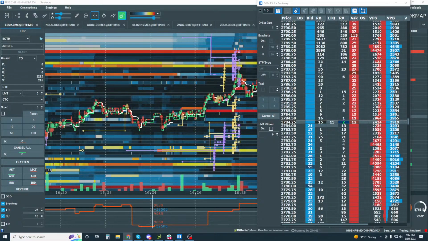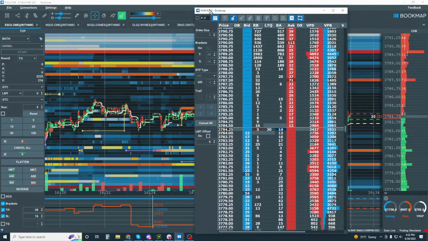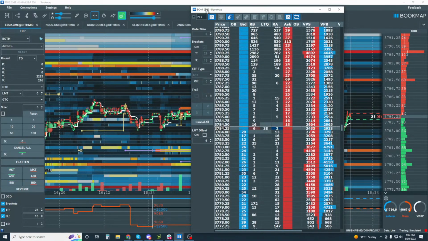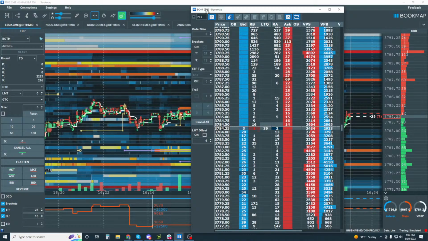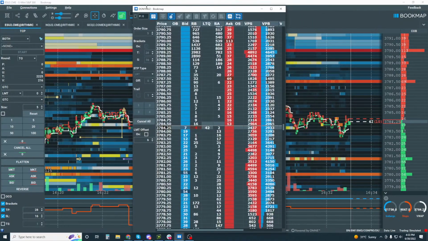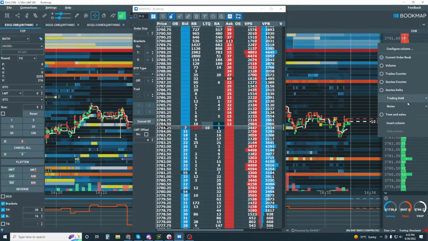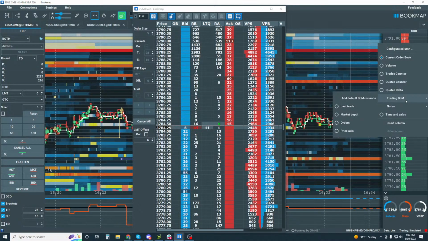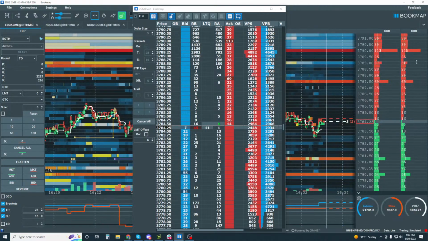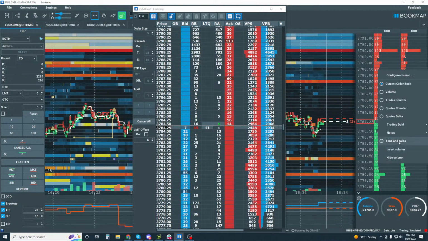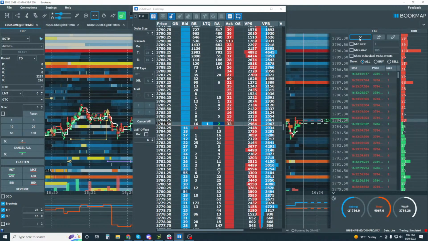Time and sales window is customizable, but it is not within the DOM here. It is within Bookmap. However, that said, if you go to your Bookmap column in here and you add a time and sales column, we'll insert a new column, time and sales, and then you can pop it out here.